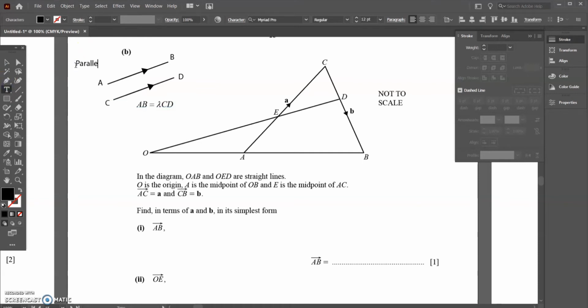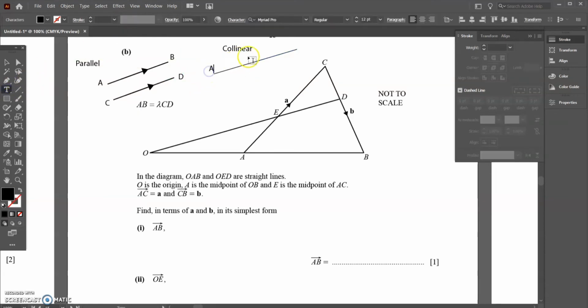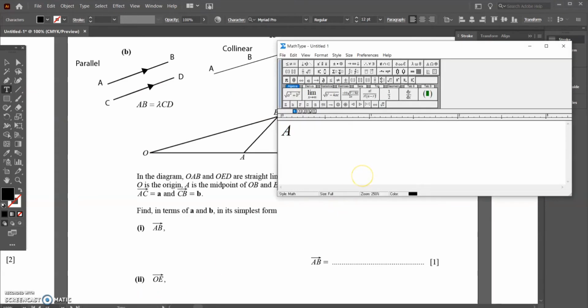If they are collinear, it means that they lie on the same straight line. Let's say the three points A, B, and C lie on the same straight line. Then we can also say that AB is equal to lambda BC, or it can be AB equals lambda AC, or any other combination.